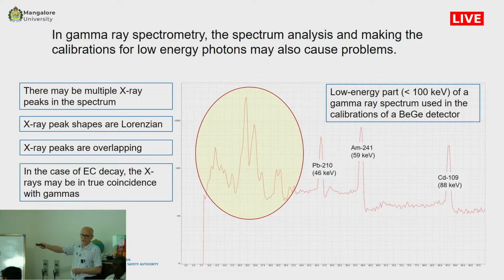In the case of gamma spectrometry, this is part of our calibration measurement. So we have the nuclides lead, americium, cadmium, and a lot of X-rays here.